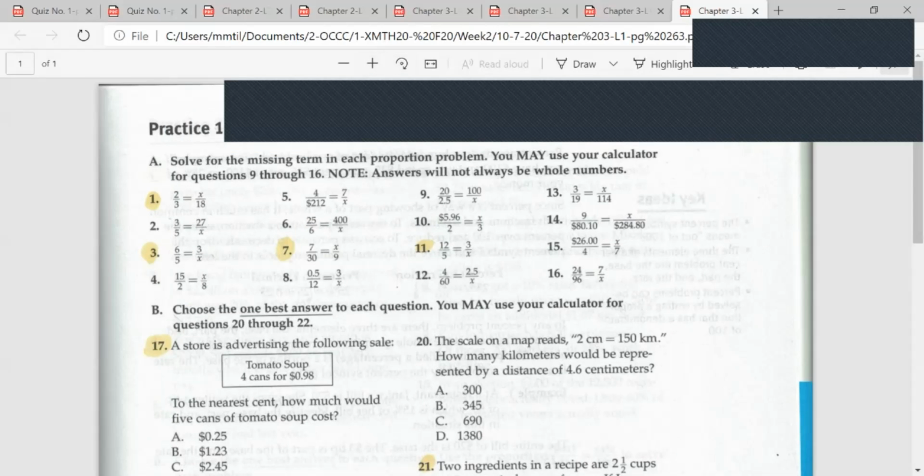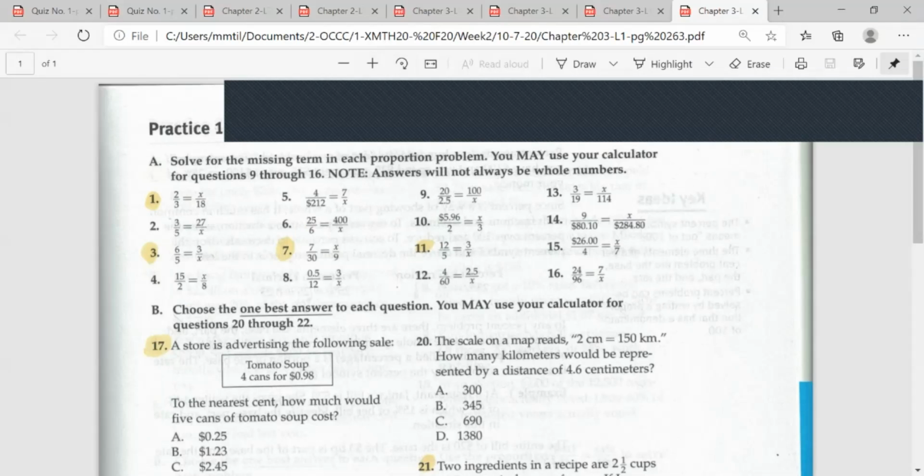I want you to be able to be successful in doing math going forward. Look at some of these. These aren't solved for the missing term. See, some of these where the X is on the bottom, you have to do just what I did, right? So you have to understand how to do that.